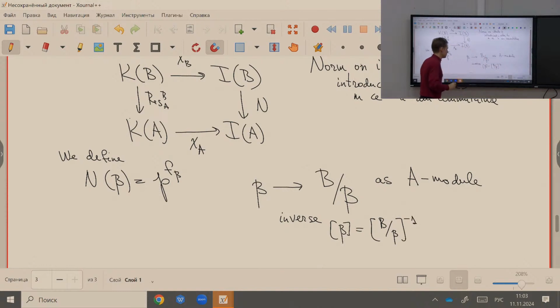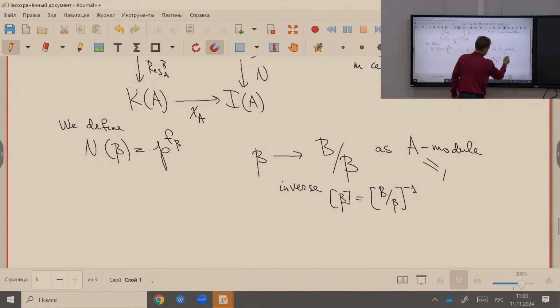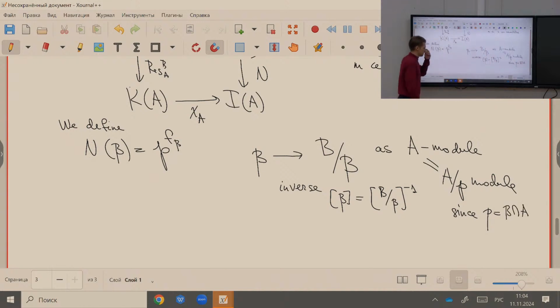So we have this kind of equality, but if you consider this as a module, it is equal to an A mod P module, since P is precisely the intersection of beta with A. It maps to 0 when you multiply by an element of beta, so of course beta is not an A mod P module, but this quotient is an A mod P module.